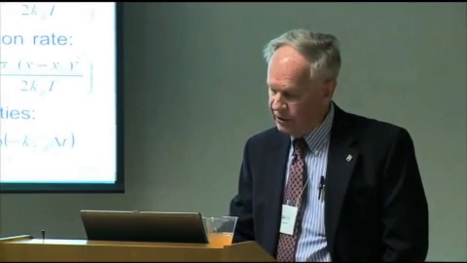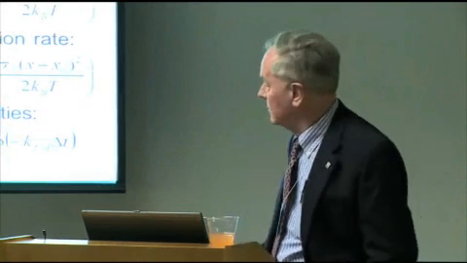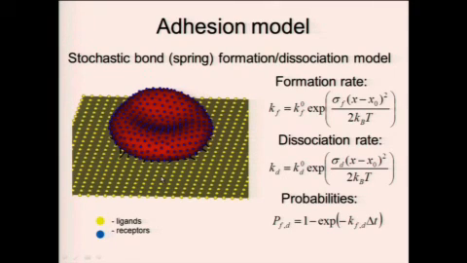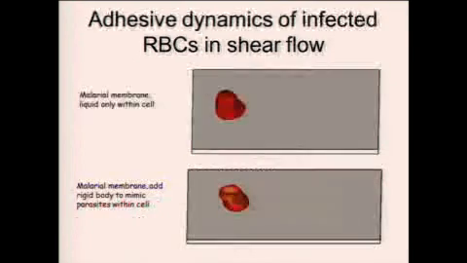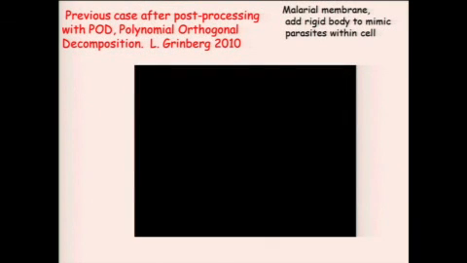In fact, here's our adhesion model. These black lines, ligands, are joining the cell to the surface. It's a stochastic model. They have a formation rate which depends on the elastic energy, and a dissociation rate, from which we can construct a probability. And that's how we get this. I'm going to skip the next two because of time.